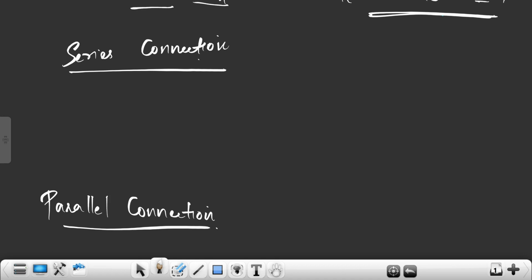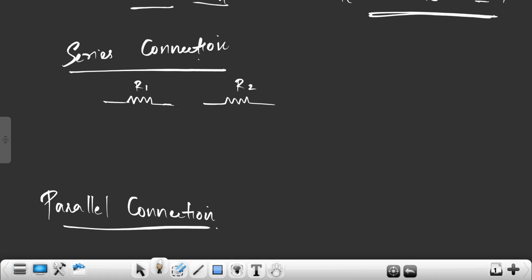What do you mean by a series connection? You have studied it for the cell connection also. When a circuit is completed by connecting the resistors one after the other, it is called series connection. That means here I have one resistor with resistance R1. Here I have another resistor with resistance R2.